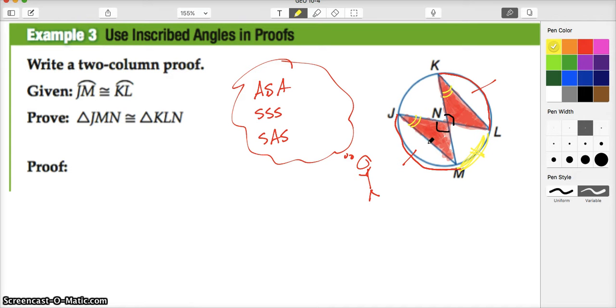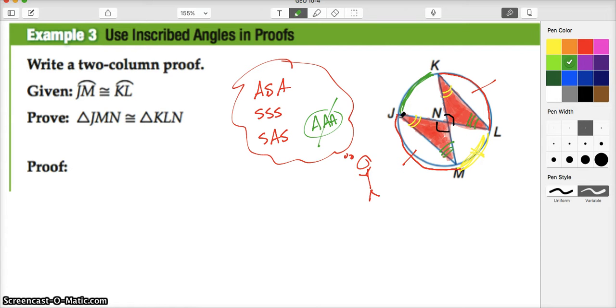And I said, yes, I agree. And then you brought my attention over here to JK, and you said, well, clearly these angles here must be equivalent by the same logical reasoning. So then you said we've got angle, angle, angle. And I say, no, we can't have angle, angle, angle because that's not a thing. So we need to find something about a side. Does anybody see anything? You in the back, what do you think?